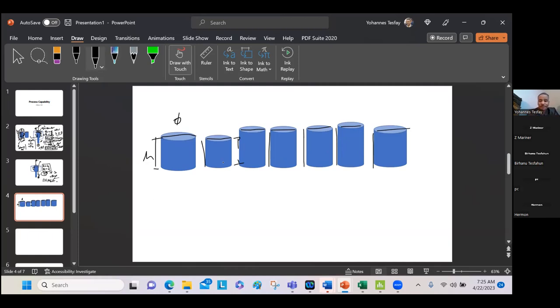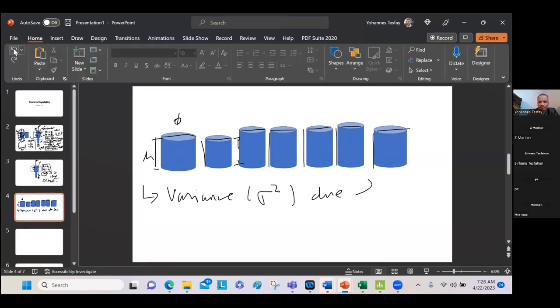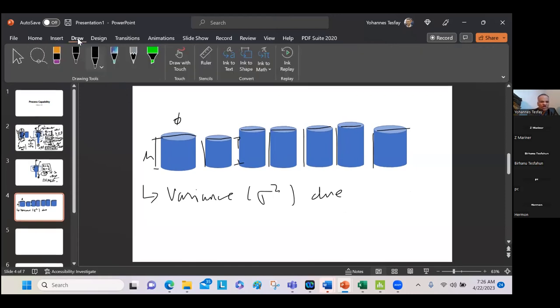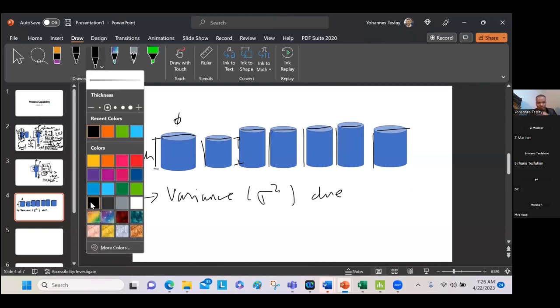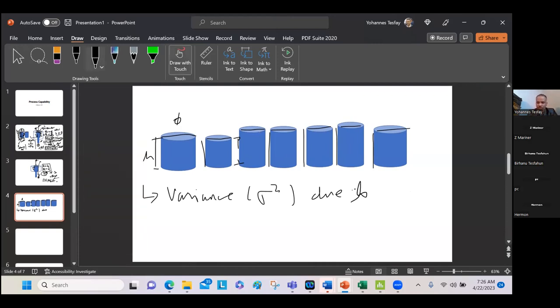So let's say what you are observing here, variance, variation, yeah, variance or sigma square due to the process. This is very bad, due to the process.